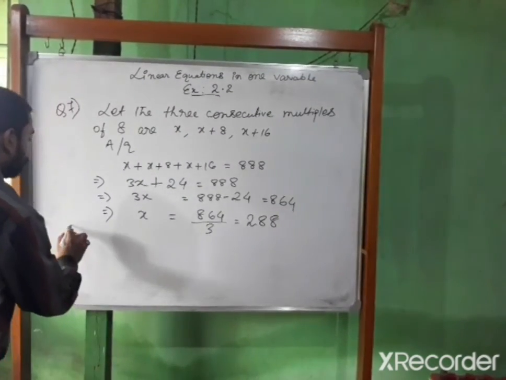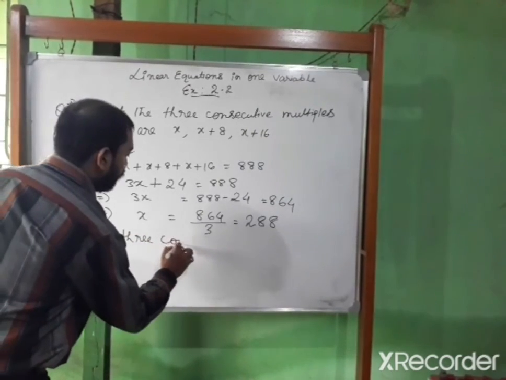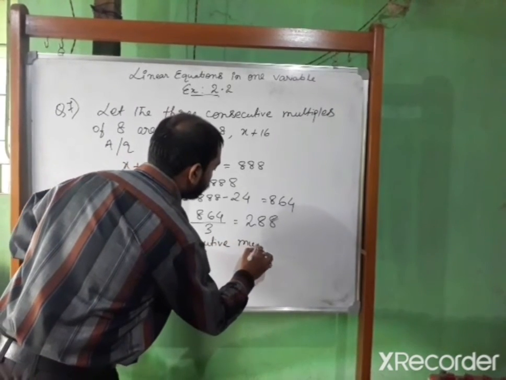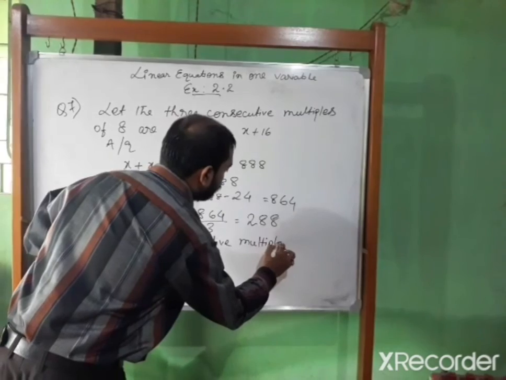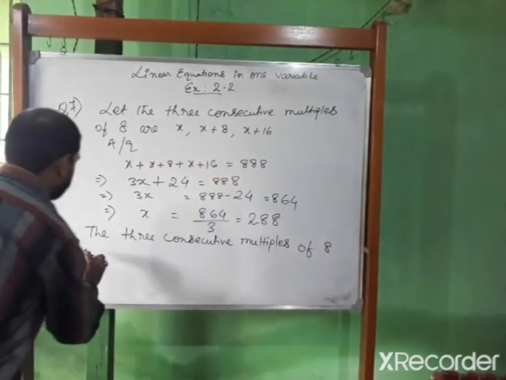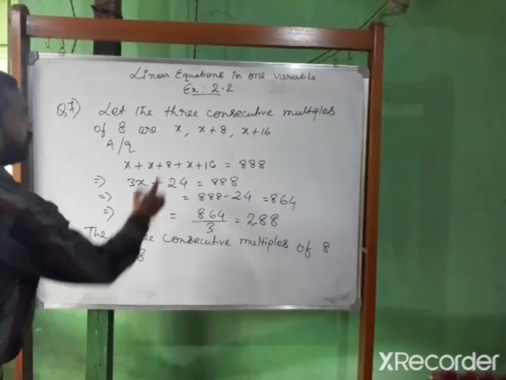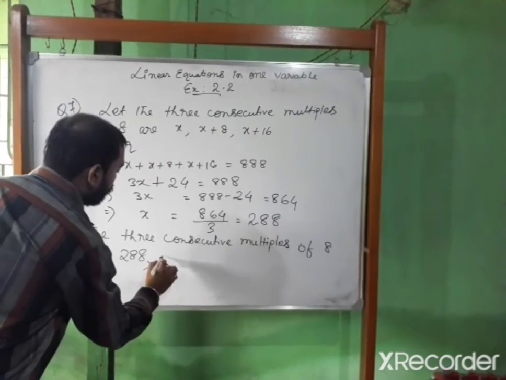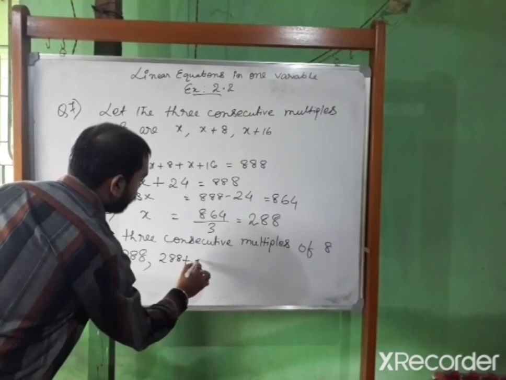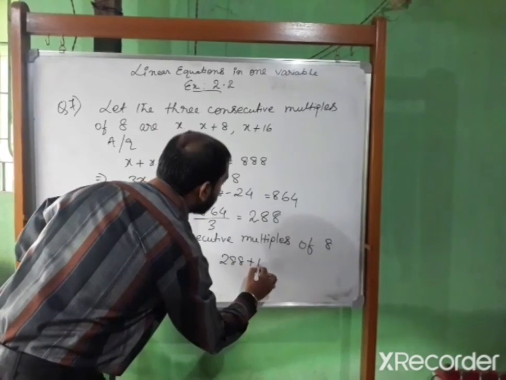Therefore, the three consecutive multiples of 8 are: first one is 288, then the next one will be 288 plus 8, and the third one will be 288 plus 16.